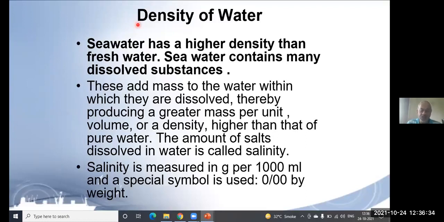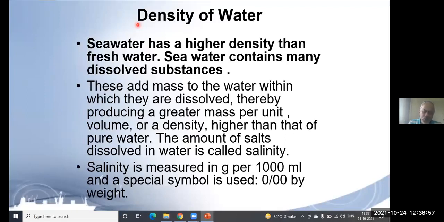So density plays a major role. So when you have a ship floating on water, you must know the density in which the ship is floating, because according to that you can calculate the capacity of the ship, how much cargo has gone in. Yes or no? Yes, sir.